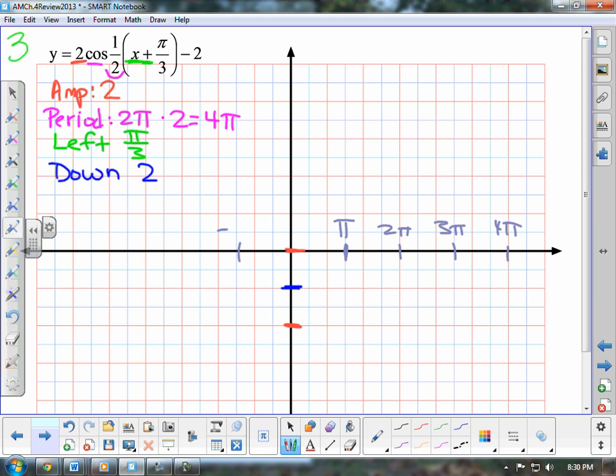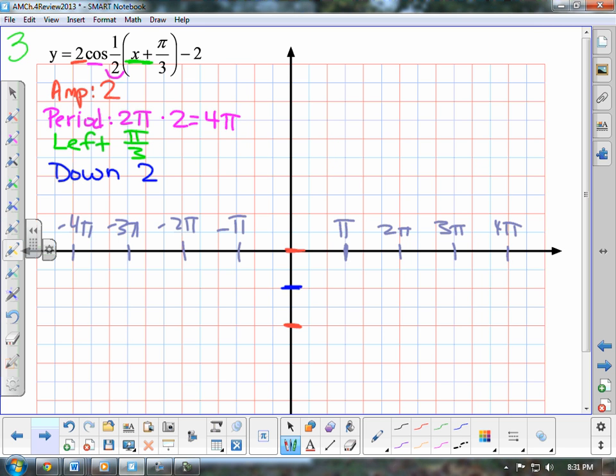And same on this side. All right, that's better because we have this shift of pi over 3, so it's good to mark it in 3s.